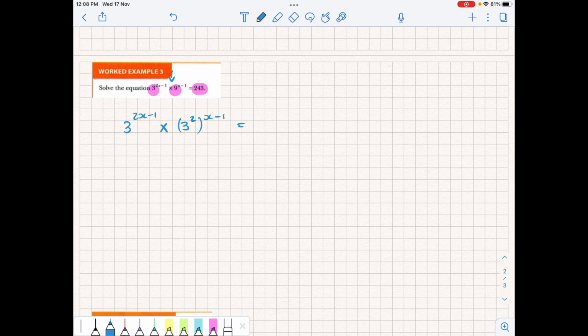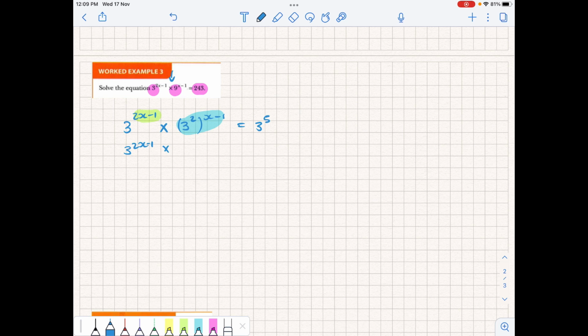On the other side of the equation, we have 243, and we can quickly use some intuition. We know it needs to be base 3, so 3 to the power of what gives you 243? We can see that it will be 5. One more step to go. We just need to simplify this part so that we can add it to the other part, because they have the same base. So 3 to the 2x minus 1 stays the same.